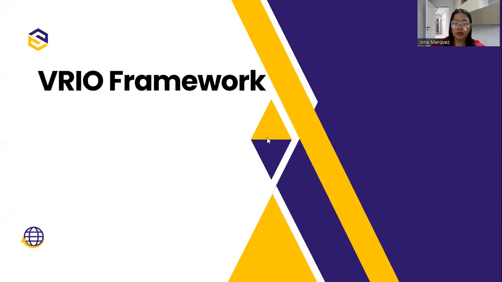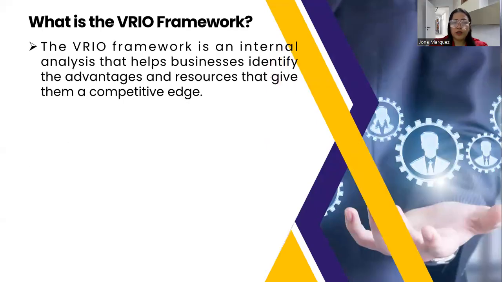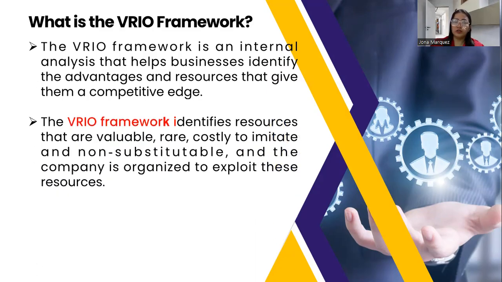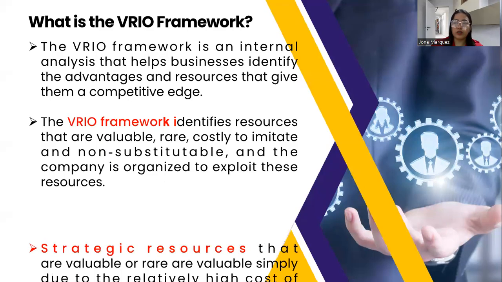So let's proceed with the next topic, VRIO Framework. It is an internal analysis that helps a business identify the advantages and resources that give them a competitive edge, no? VRIO identifies resources that are valuable, rare, costly to imitate, and non-substitutable, and whether the company is organized to exploit these resources.